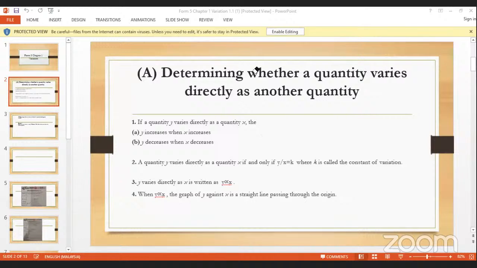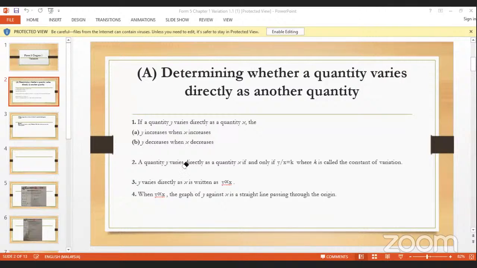The first part of the lesson will be determining whether a quantity varies directly as another quantity. If a quantity y varies directly as the quantity x, then y increases when x increases, and y decreases when x decreases.